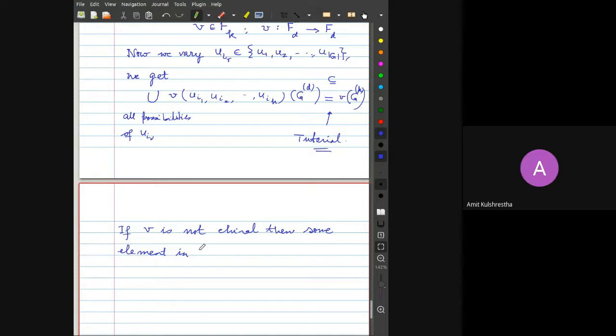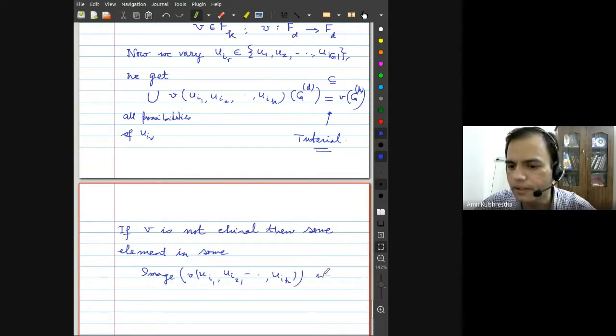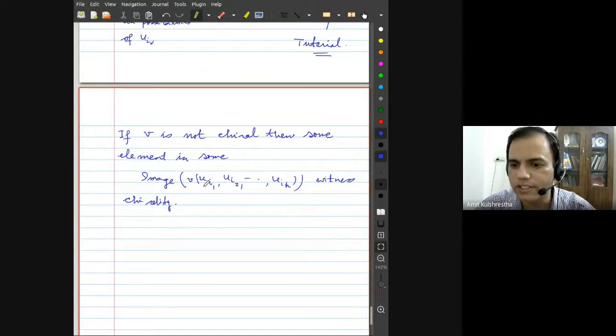Okay, so then some element in a suitable image of V, one of the images UI1, UI2, UIK witnesses chirality.